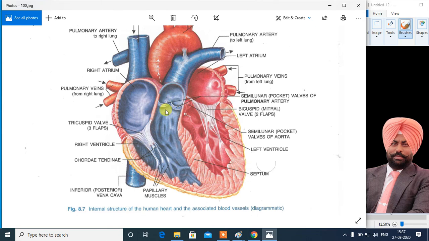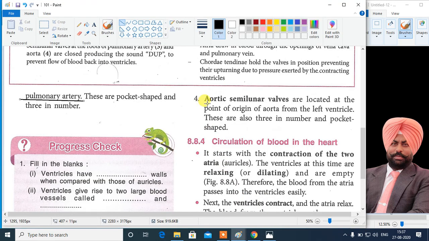This valve allows the blood to move further to the lungs, and it does not allow the blood to flow back. This also maintains the unidirectional flow of the blood, and it is called semilunar valve, or pulmonary semilunar valve. Moving on further, the fourth valve is the aortic semilunar valve.